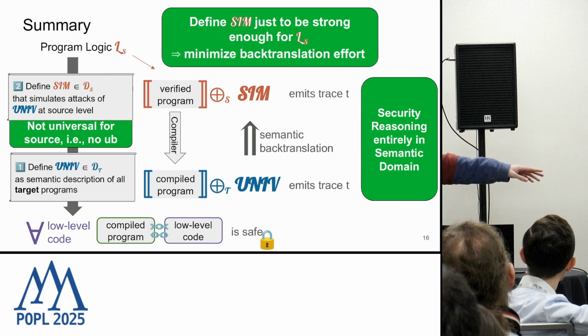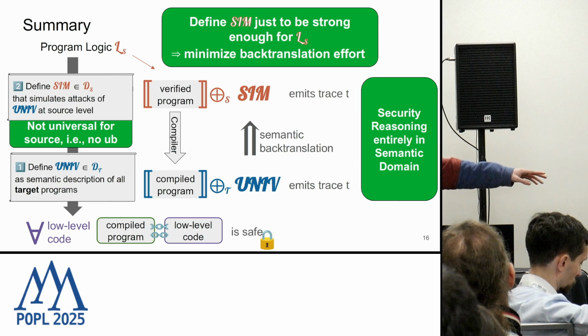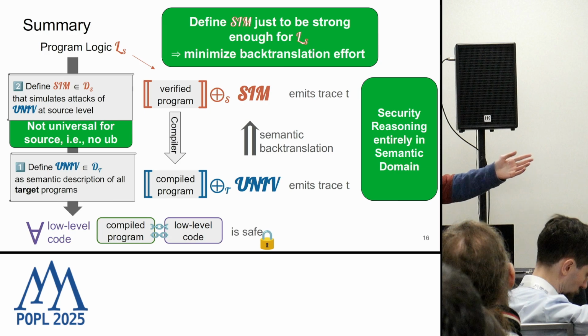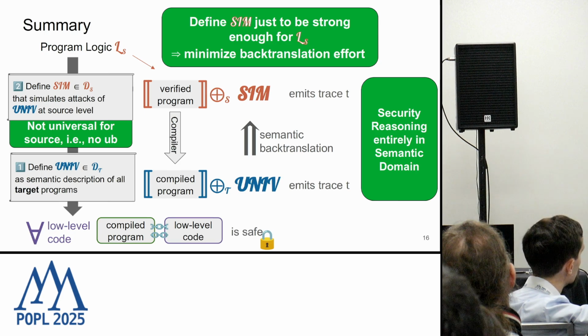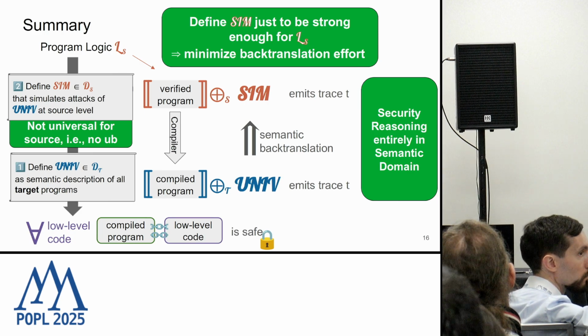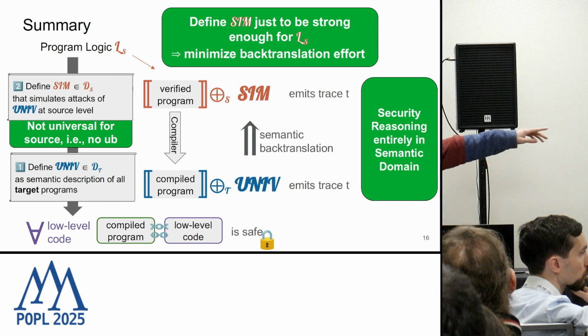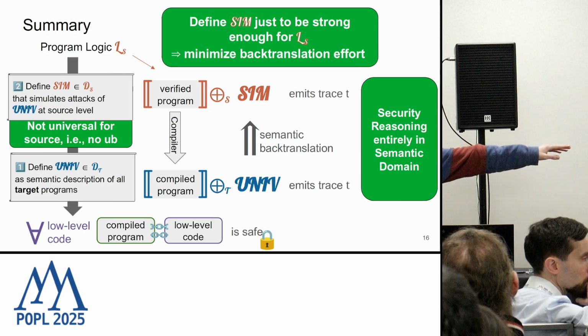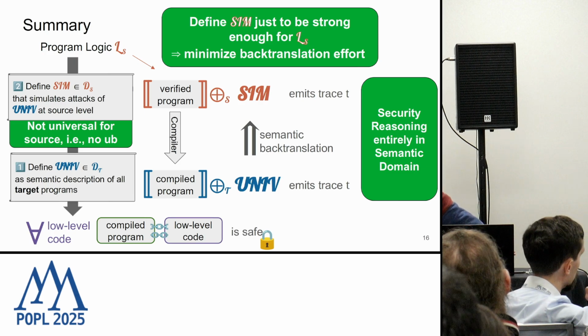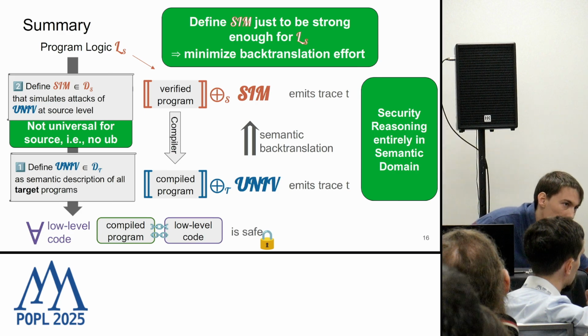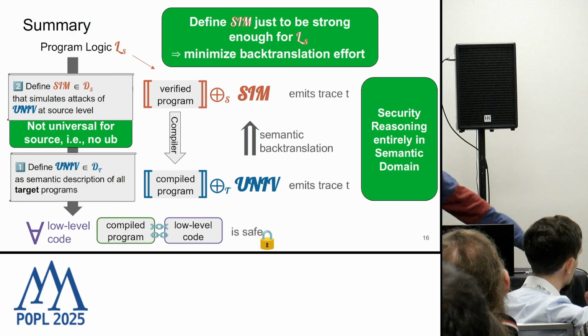But we gain here that the proof gets easier because we are in a semantic setting, and we try to build a meaningful end-to-end result on top of that by building a program logic that implies the soundness of the compiled program against low-level code, which here again is a syntactic property. So you get the same guarantee at the target level again, if you verify your program, right? Exactly.